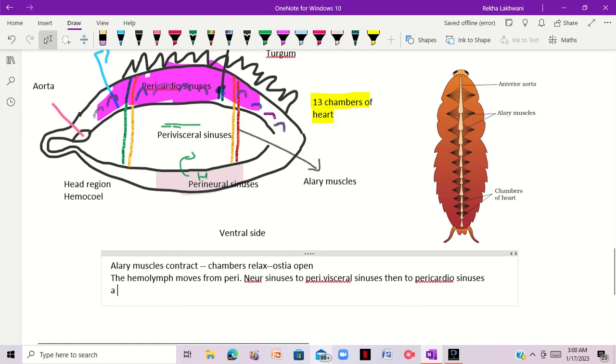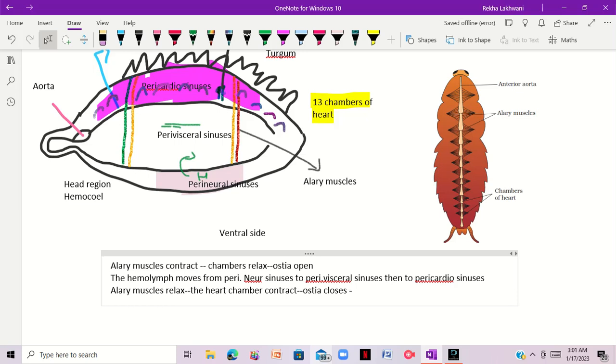Now what will happen when the alary muscles relax? The heart chambers contract and the ostia close.